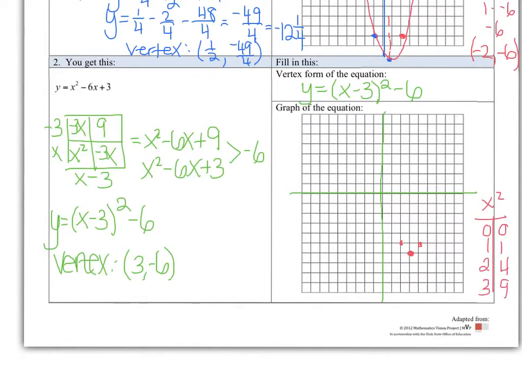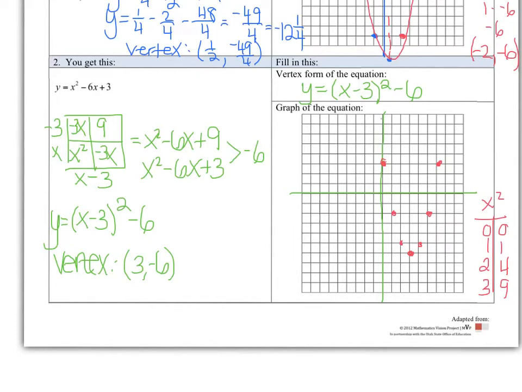So we went up by 1, now we're going from the vertex up by 4, so 1, 2, 3, 4, over in both directions. And then we're going up by 9 from the vertex. 1, 2, 3, 4, 5, 6, 7, 8, 9 on both sides.